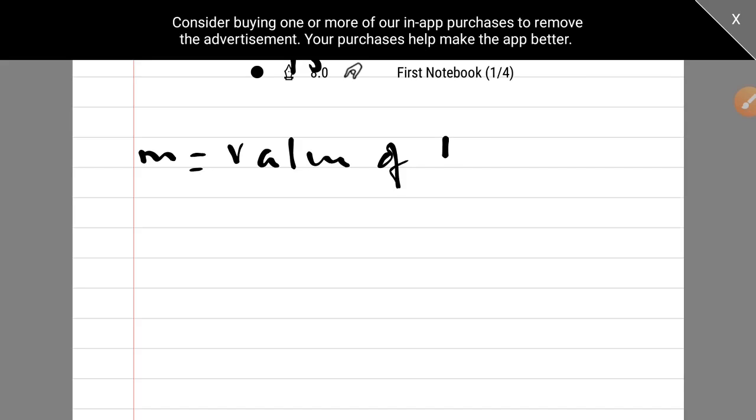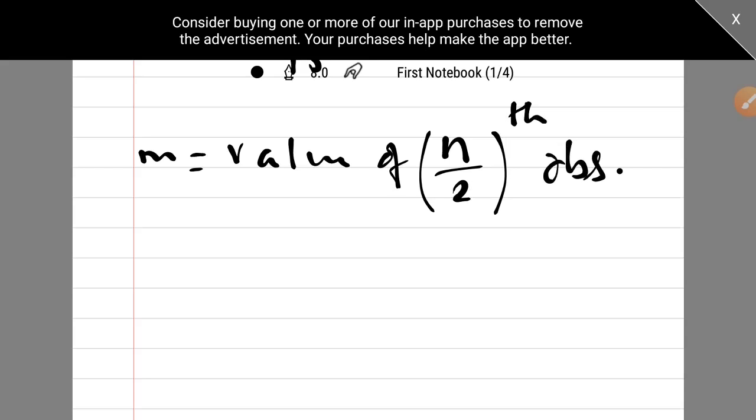No, there is a bit change here, very minor change. Here median is value of n upon 2th observation. Yes, what is median here? It is value of n upon 2th observation.